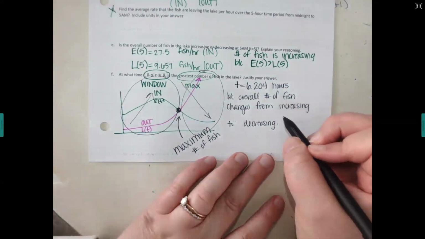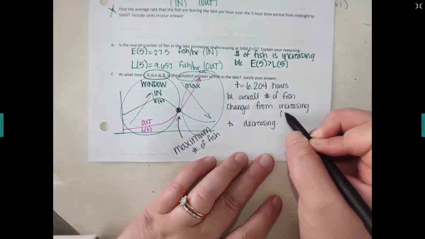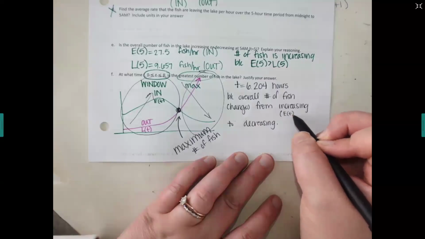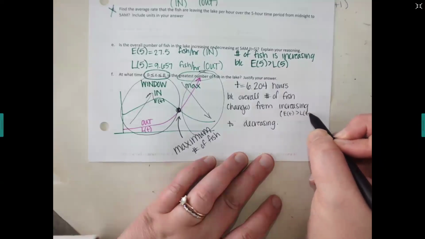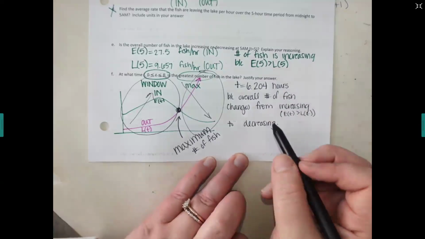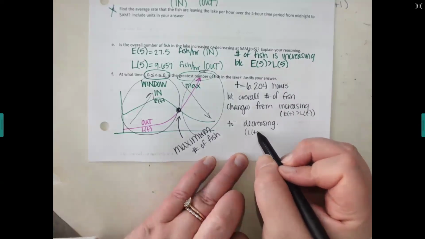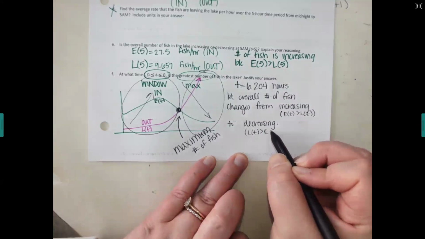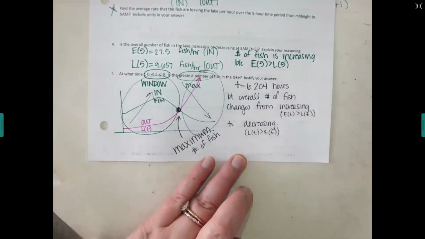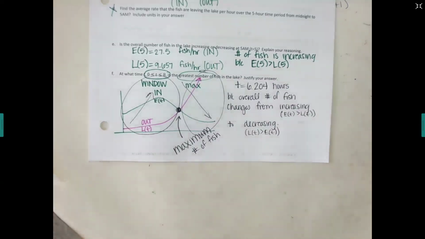Increasing is where my in was greater than my out. And decreasing is where my leaving was greater than my entering. If you want to add that as a detail, you wouldn't have to put that on the AP test. But as you're looking back, that's how we know the order that switched.